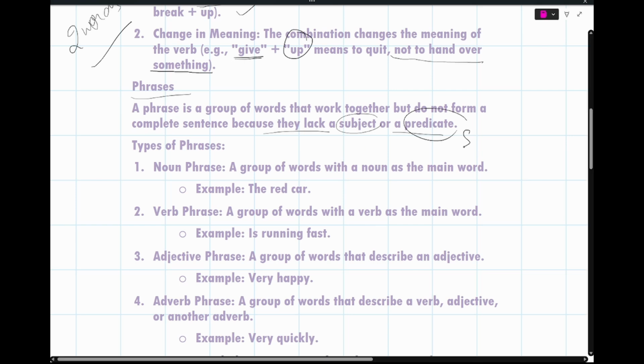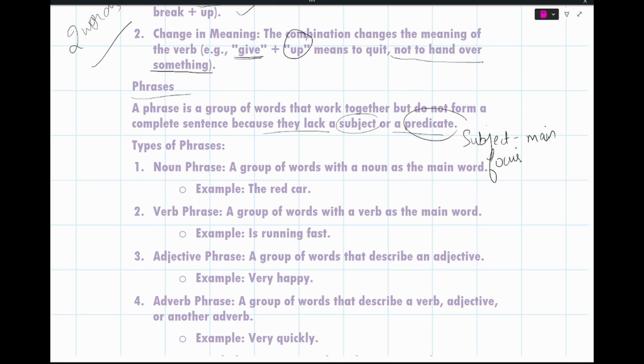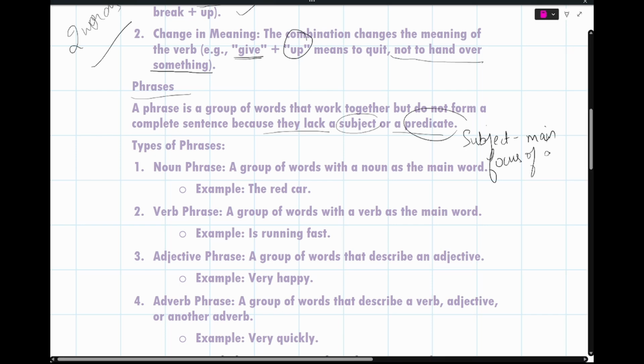A subject is the main focus of a sentence. You can take down notes side by side, like a small side note where you write what the subject is. So subject is the main focus of a sentence.